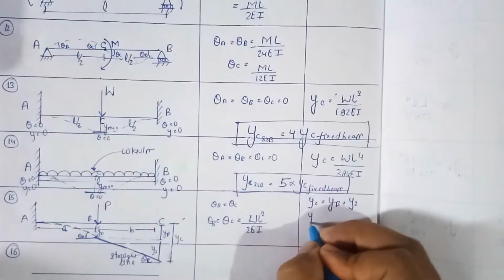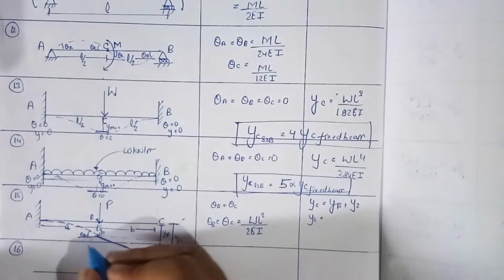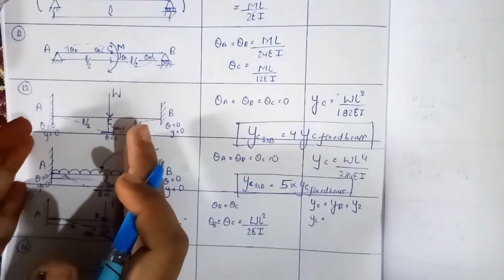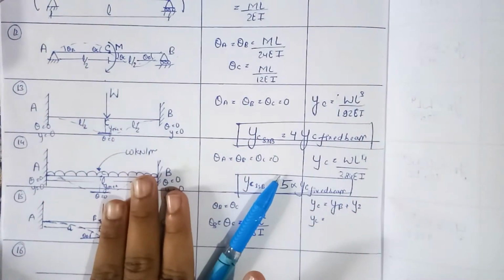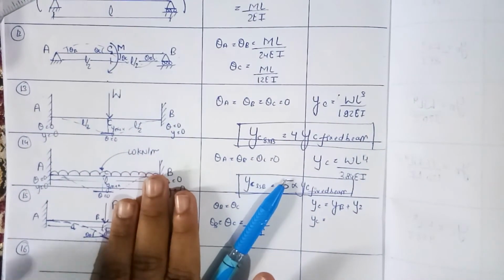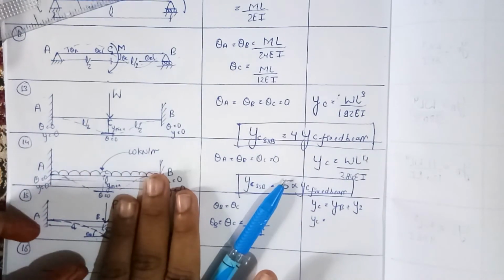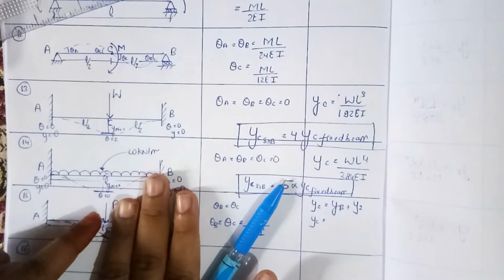Now we will write the formula for the deflection at B. This is the first type of case, in which the cantilever beam is subjected to the concentrated load at the free end.